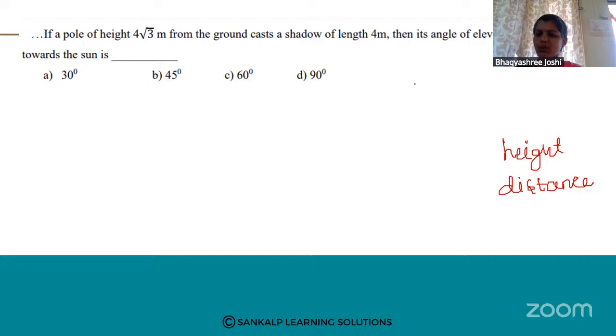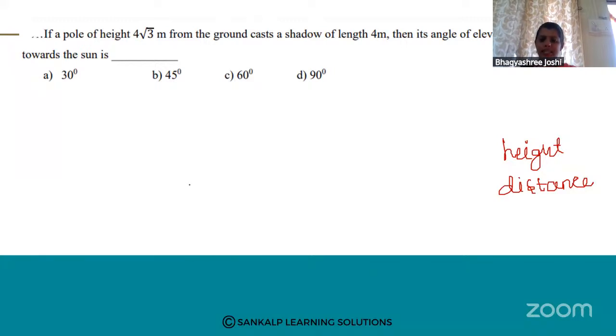What is tan 60 degree, tan 30 degree, sin 60 degree, sin 90 degree, sin 30 degree, sin 45 degree, and what are the values of cos 0 degree, 30 degree, 45 degree, 60 degree, and 90 degree? All those values are very, very important, which we discussed in the last class. Based on that chart and those concepts, today we are going to study the application of trigonometry and solve some multiple choice questions.